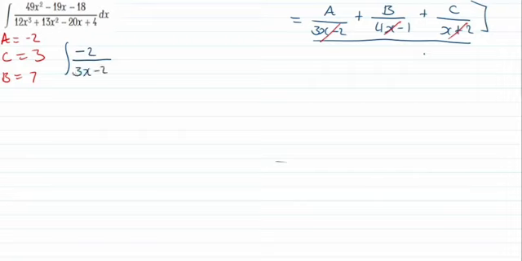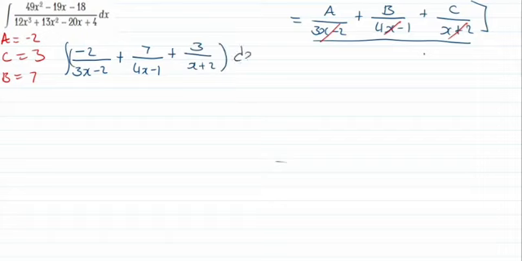Then our b is 7, so it will be plus 7 over 4x minus 1. Then our c, it's positive as well, it's going to be 3 over x plus 2. Then everything multiplied by dx.